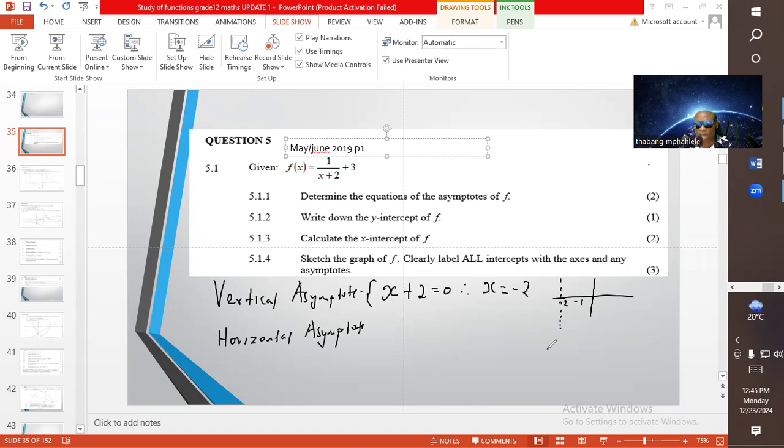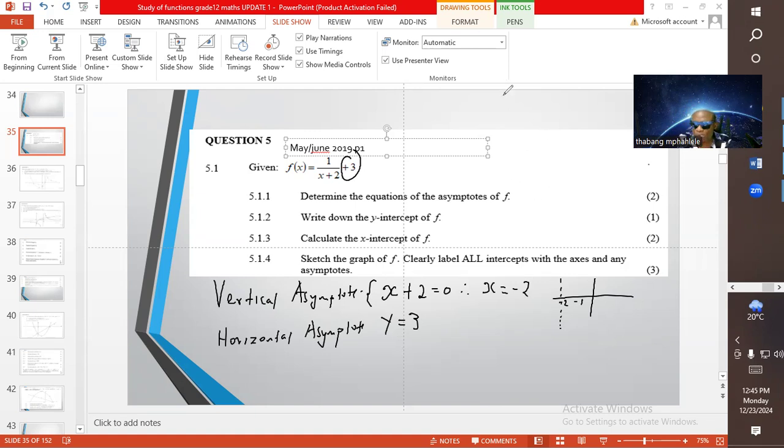I'm referring to the asymptote of y. This number at the end here, this plus 3, is the y asymptote. And the value of the y asymptote is y equals 3. So I've got two equations of the asymptote: x equals -2, y equals 3.